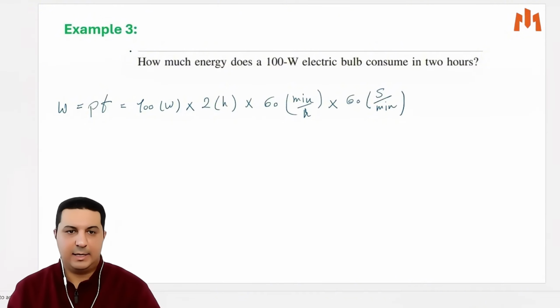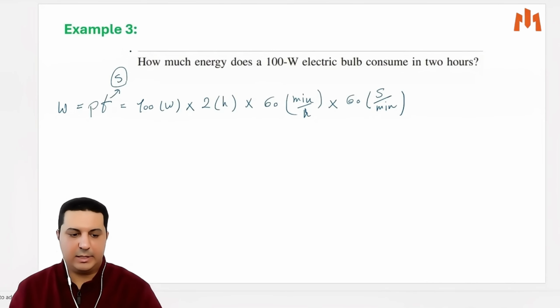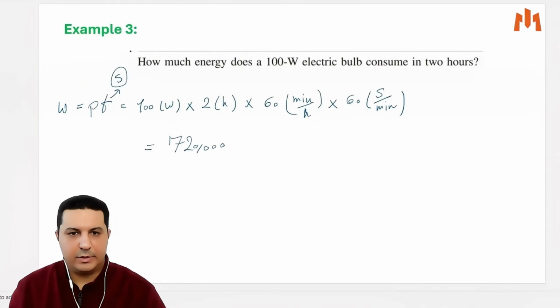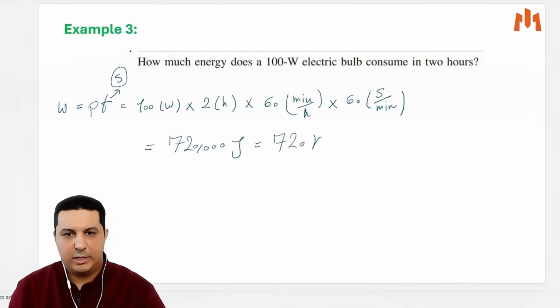Time must be in seconds, not minutes, not hours. Because of this we must do this part. So when you multiply all of these numbers together, you get 720,000 joules. So it is 720 kilojoules.